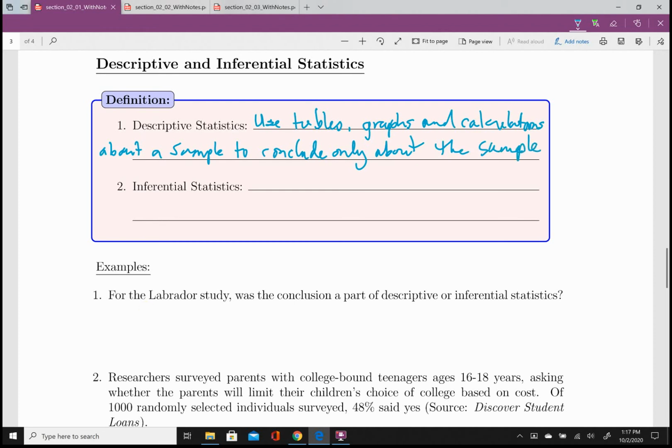Whereas inferential statistics is the practice of using information from a sample to draw conclusions about an entire population. So I'm saying using information about a sample to draw conclusions about an entire population.